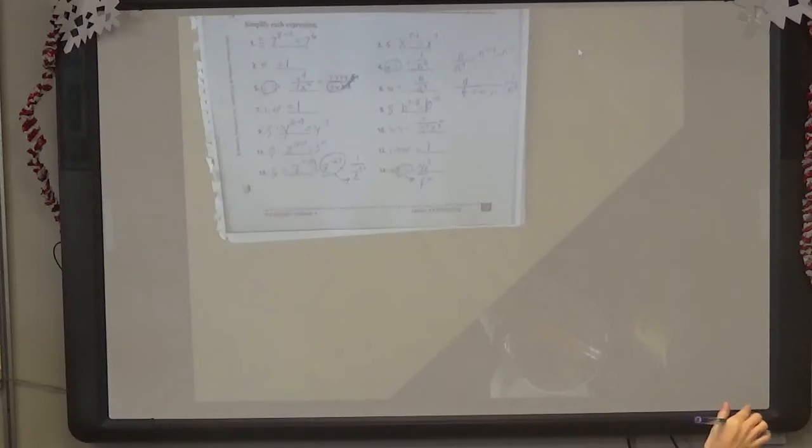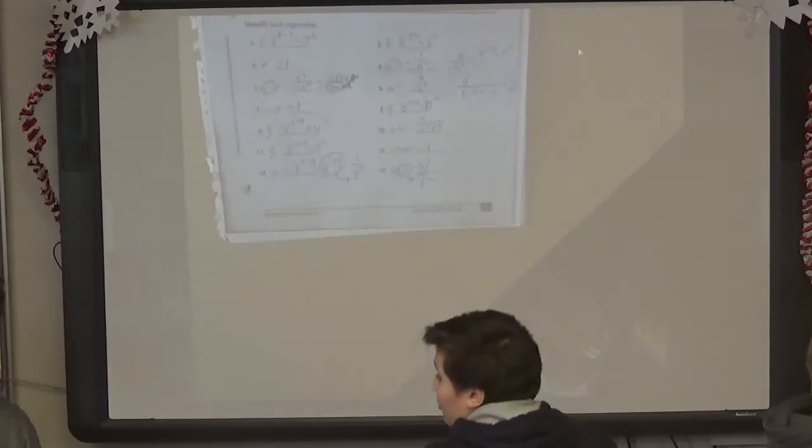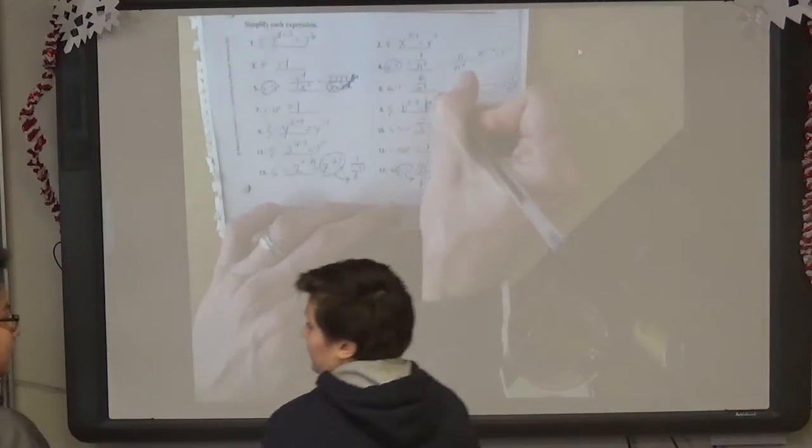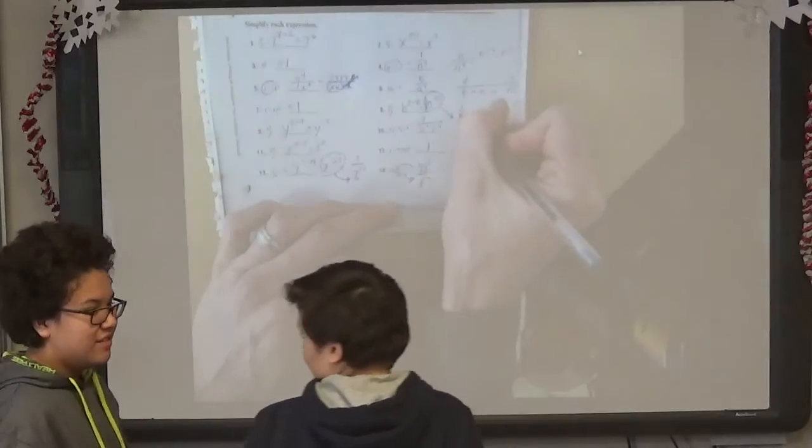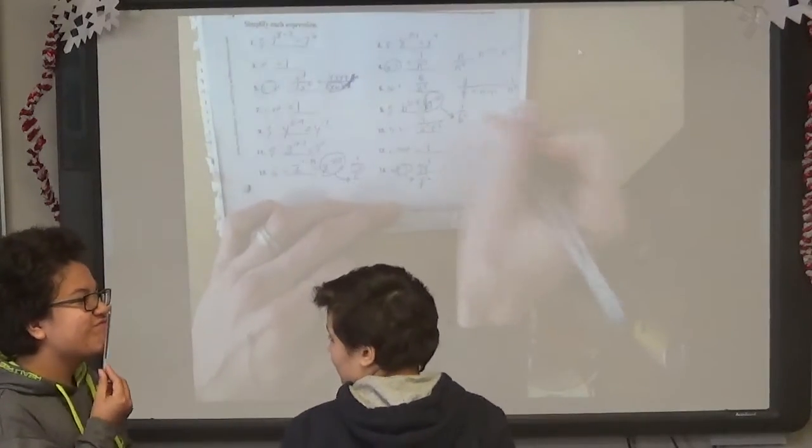Does that make sense? Yeah. You starting to see the pattern? Every time. Number 8. 1 over. Yes, then we make this positive by writing it in the denominator. 1 over e to the third. Yep.